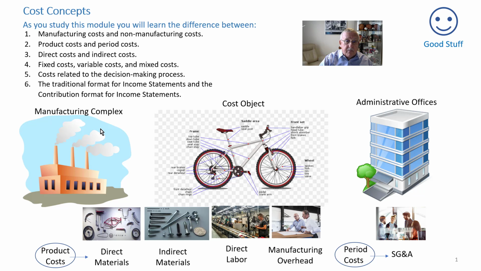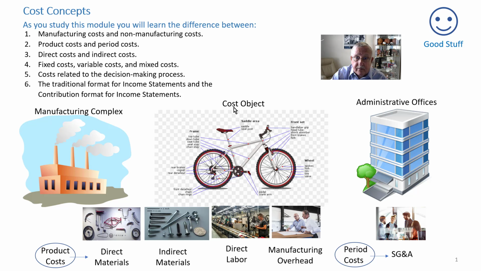The bicycles are built in the manufacturing facility, while the daily operations are run through the administrative offices. To be successful and make a profit, the folks at Trek must know how much it costs to make their bikes and to run their offices. Once they know their costs, they can price their products to make a profit.